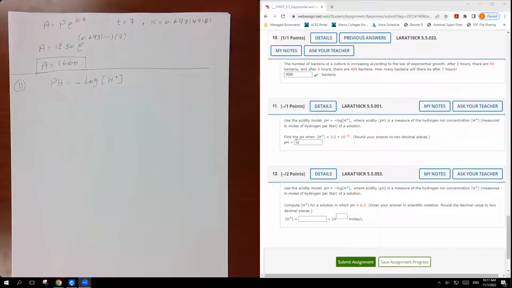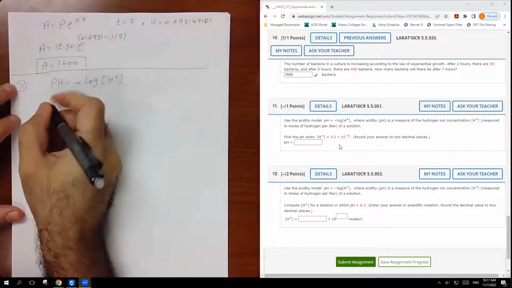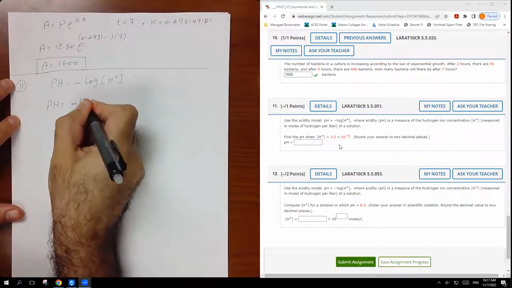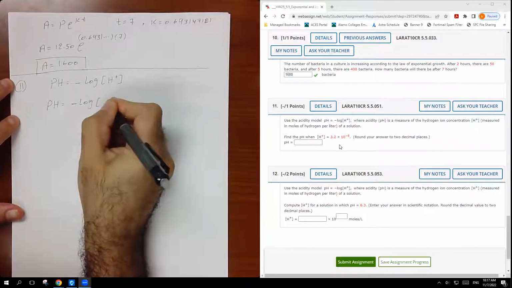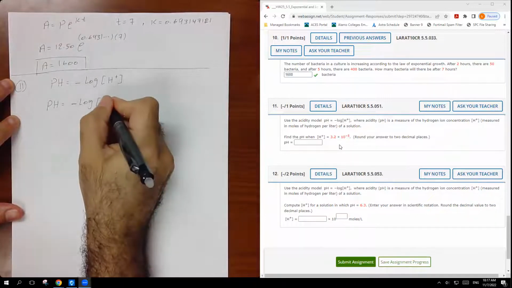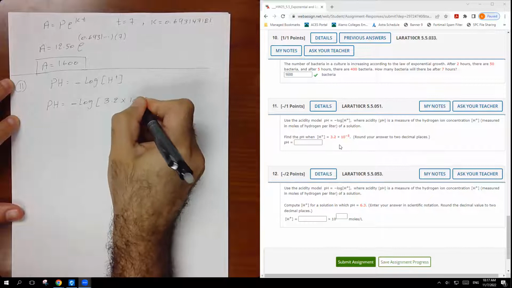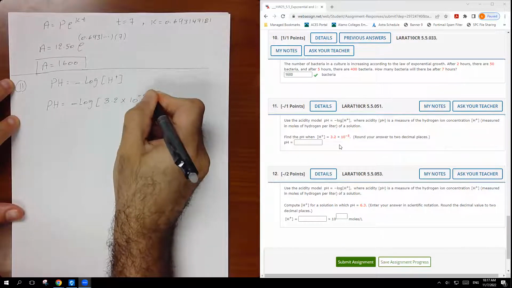They're telling you to find the pH when H plus is 3.2 times 10 to the negative 5. That means pH is going to be negative log of 3.2 times 10 to the negative 5.